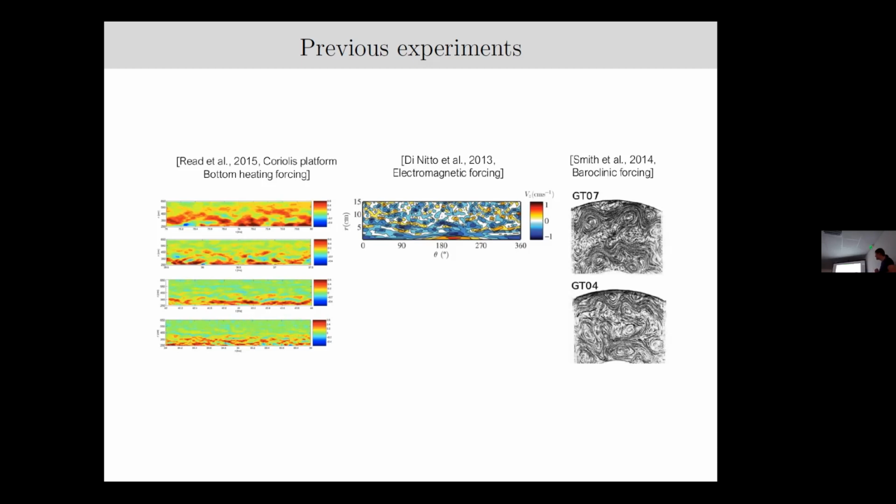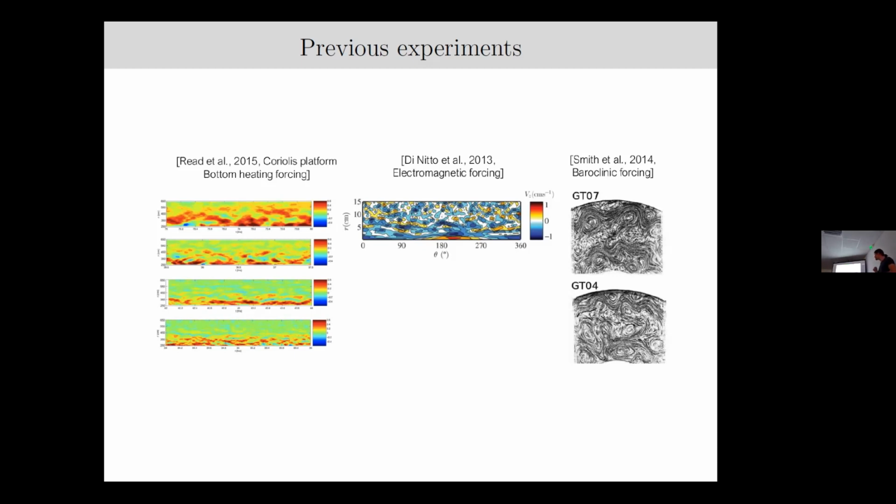Meaning you see that the flow tends to organize in something that is more or less banded along the azimuthal direction, but it's never in the regime where the first thing you see without any kind of averaging is the mean flow, like it is on Jupiter. It is always kind of meandering, where you have strong interaction between the zonal flow and the eddy. Okay, which is not necessarily the correct regime for gas giants.